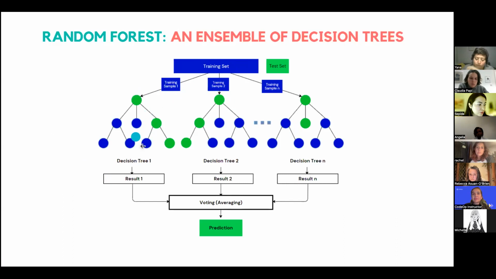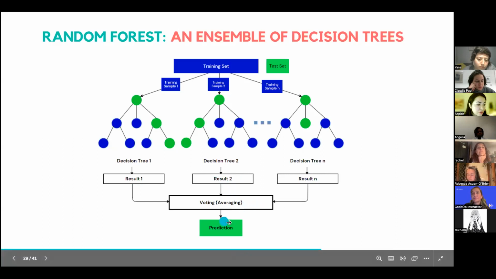Each of them are doing their calculations, and then each of them reach a result, which is in our case if that transaction is fraud or not fraud. And each tree has its own output. Then at the end, we will have a voting or averaging. We will have a prediction on that transaction.